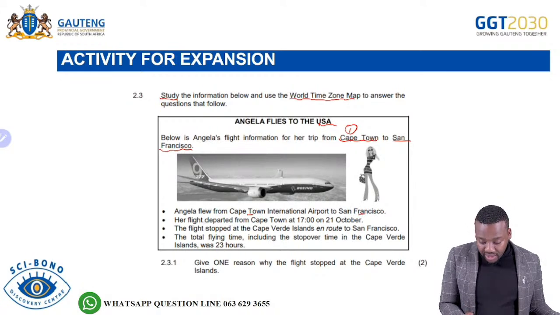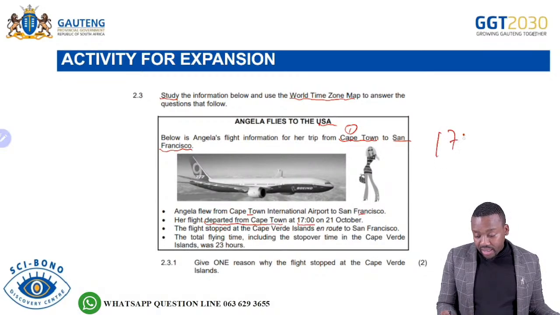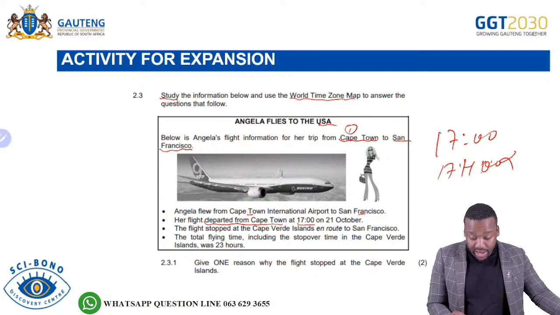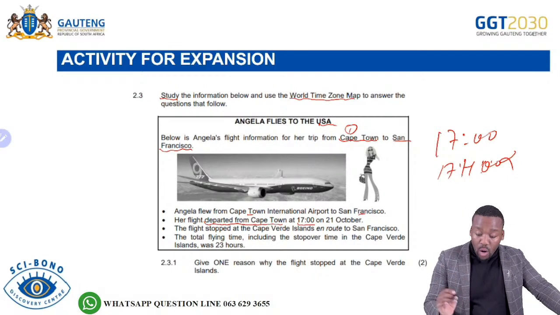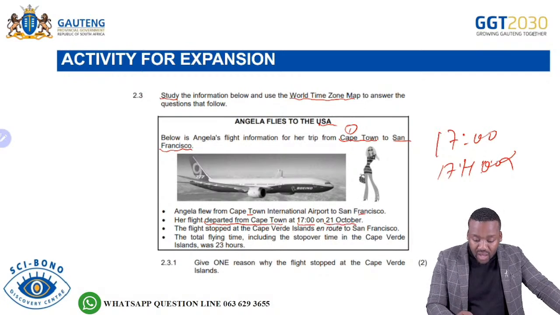The flight departed from Cape Town at 1700. You see the time written. It's written like this and not like this. So be very careful. Now we are given the time and the date, the 21st of October. The flight stopped, right?